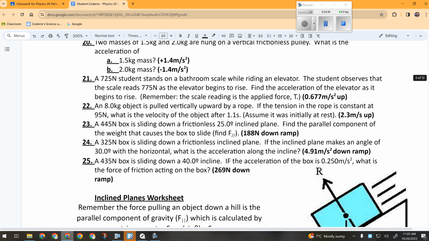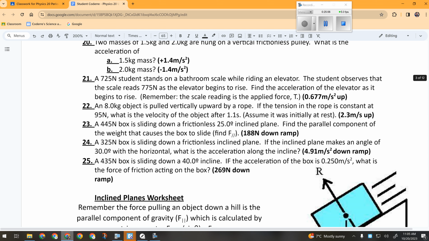So it just gave you the hypotenuse of that triangle. Are you probably going to need the mass? You might. If it asks for acceleration, you'll have to get the mass, but that's just dividing by 9.81. This question actually doesn't even ask for that. It just asks you to find F parallel.